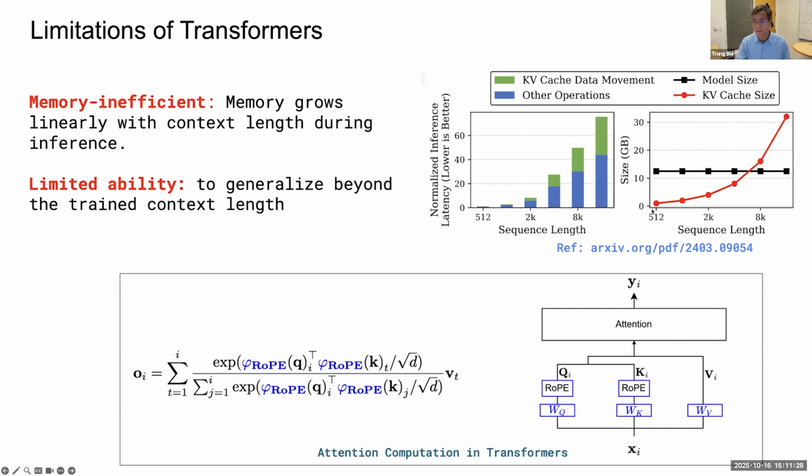Also, another factor: the model size is of course constant during inference, but the KV cache grows almost exponentially with the sequence length.